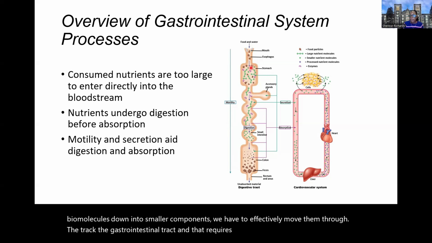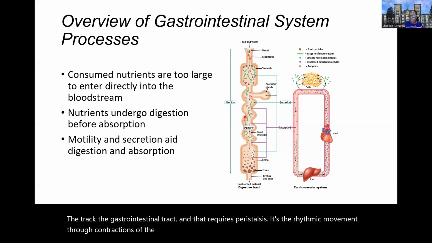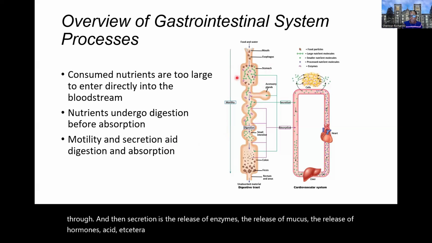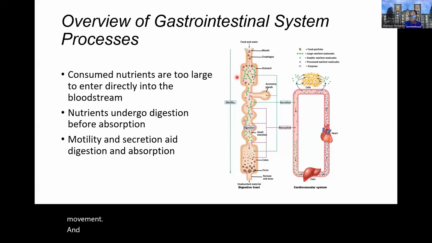It's the rhythmic movement through contractions of the smooth muscle of the GI tract in order to move those contents through. And then secretion is the release of enzymes, the release of mucus, the release of hormones, acid, etc., in order to help with the various processes, especially with the movement and then with that digestion.